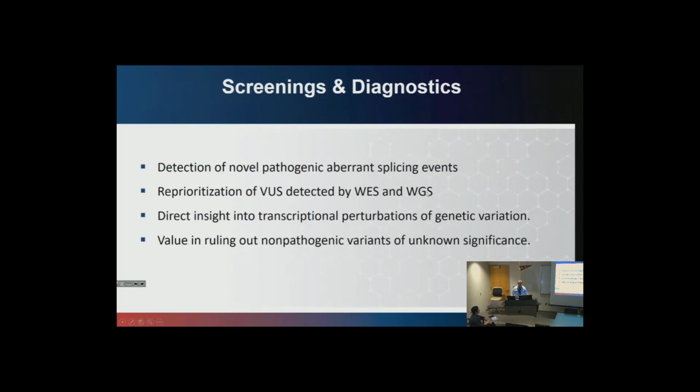We often end up with at least dozens of variants we don't know anything about. We call them variants of uncertain significance, just for the lack of a better word. Probably we'll know more about their significance as we go.